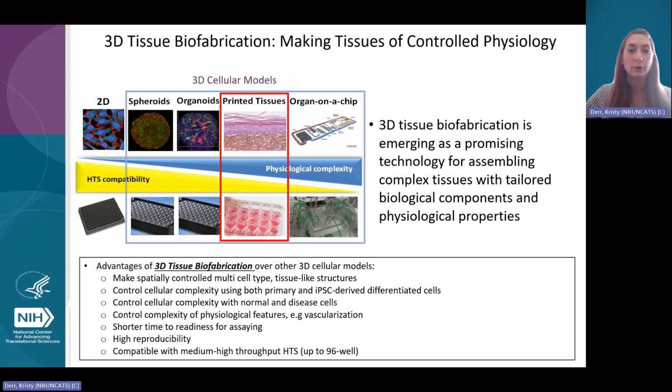You can also control the complexity with normal or disease cells. You can control the complexity by bioprinting physiological features such as vasculature. And lastly, the capability of doing a medium to high throughput print for drug screening.